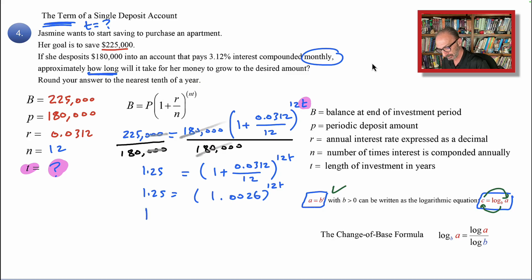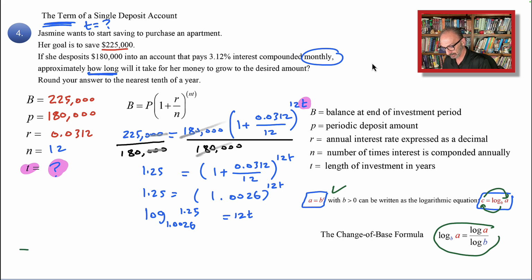log, the base is 1.0026, and the answer was 12t to the power 12t if you go backwards, and the argument is 1.25. Now I'm going to apply the change of base formula on the left side.